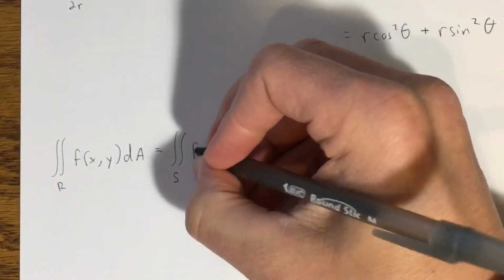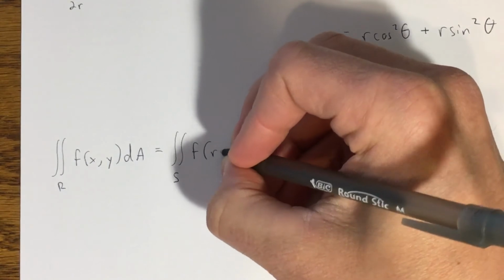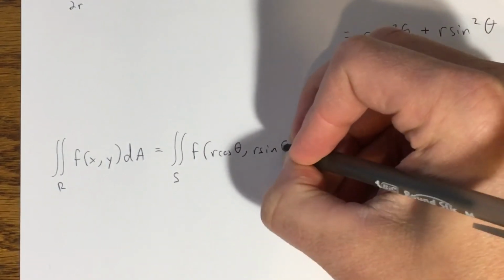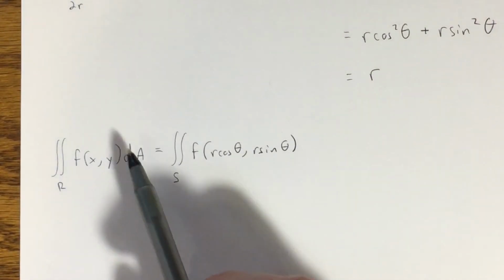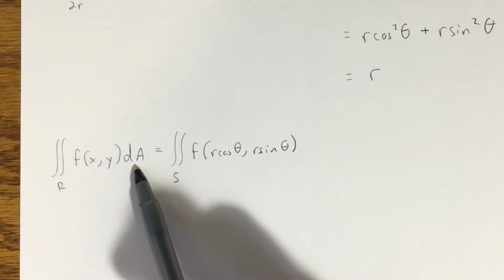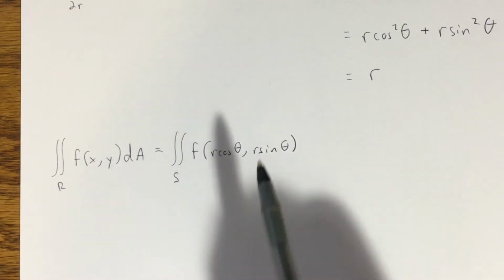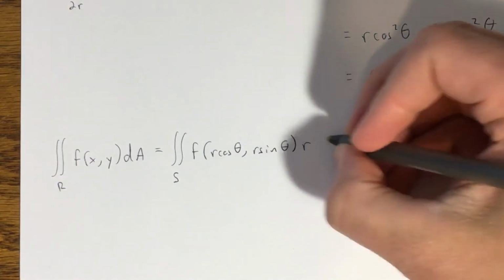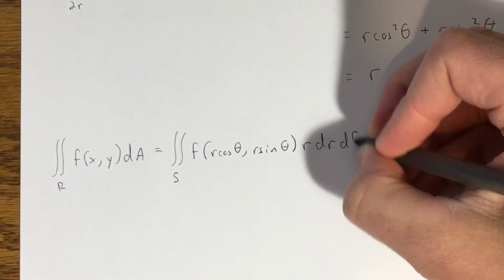I do f of r cosine of theta, r sine of theta. The dA is supposed to become our Jacobian times dr d theta, but our Jacobian was r, so we get r dr d theta.